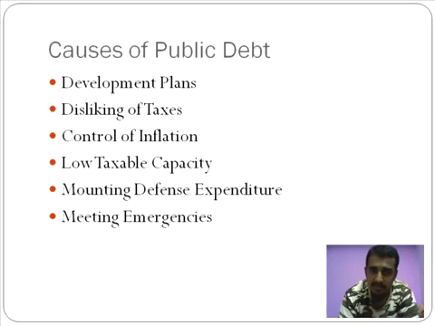You can imagine how difficult it's going to be to recover the costs within a short period of time. It's not possible, in fact. So, development plans are always a cost. So, in order to develop the country, they don't usually have resources within themselves, and hence they're required to borrow from different sources. Disliking of taxes.